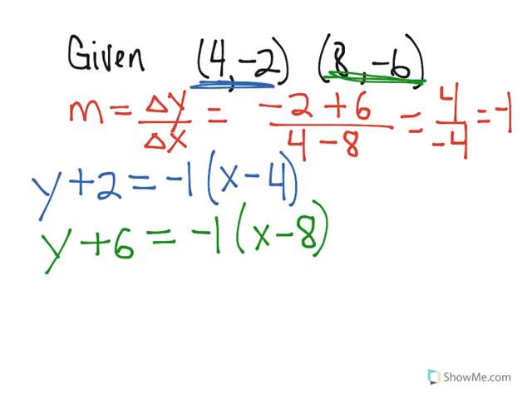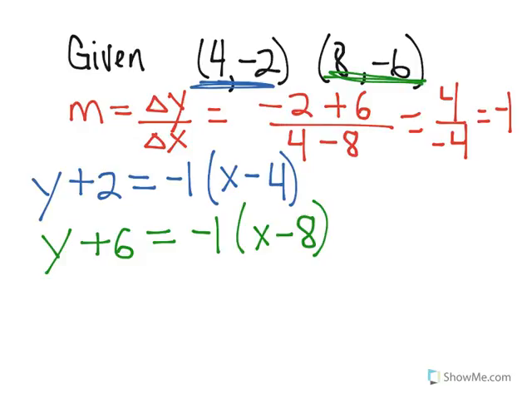We could also be asked to change this to slope-intercept form. Again, we could use either one of these forms that we came up with, and we'll end up with the exact same equation because it all represents the exact same line.